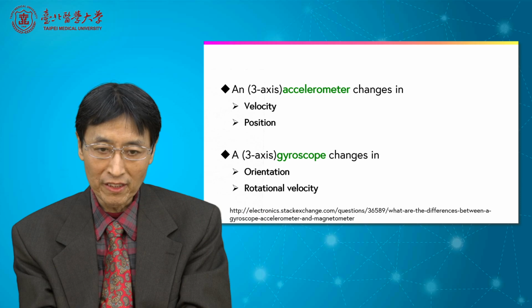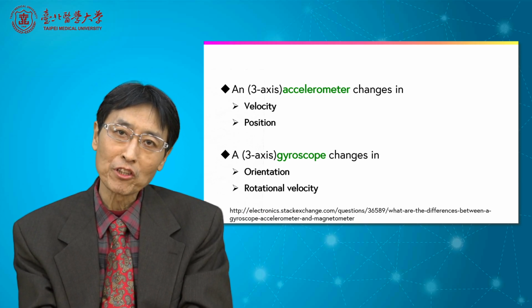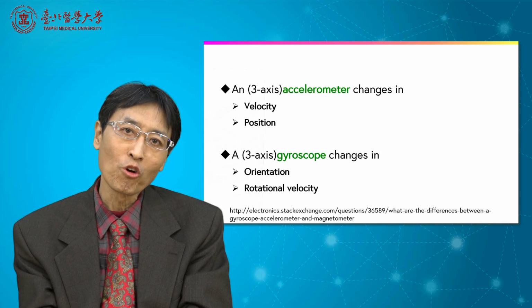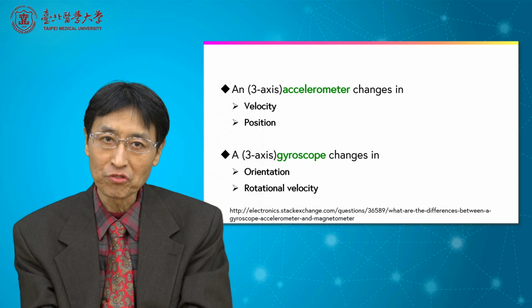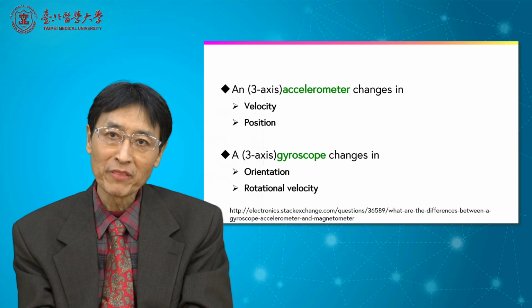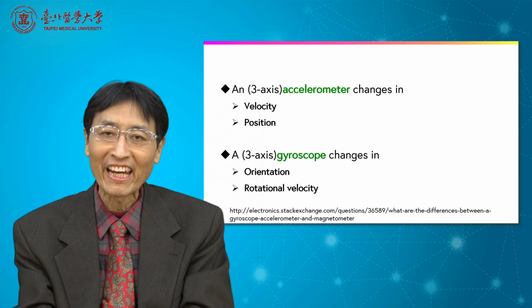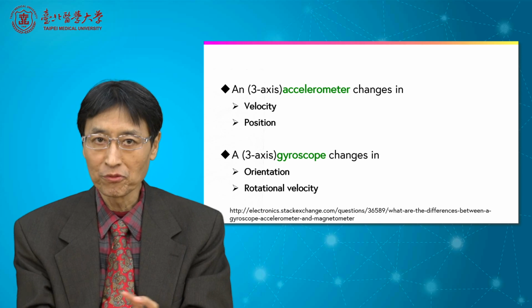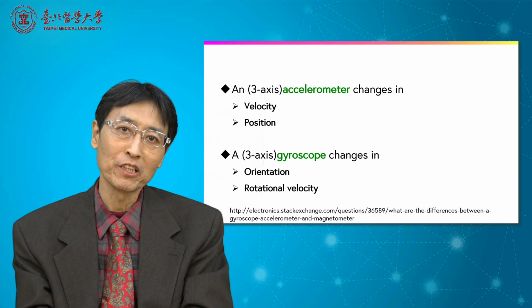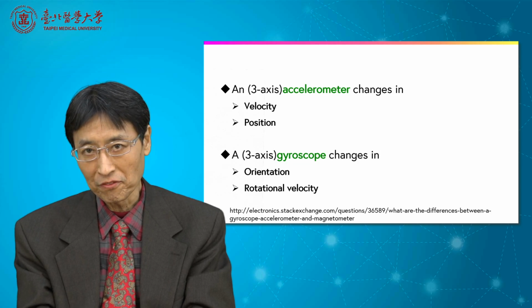You know the change in velocity, that means the acceleration. Then, based on simple physical formulas, you can calculate the moving distance and so forth. Okay, the gyroscope measures the orientation, the directions, meaning the angles, and also the change in rotation velocity. This is the basic principle of the gyro. Okay, so this is the difference between these two devices.